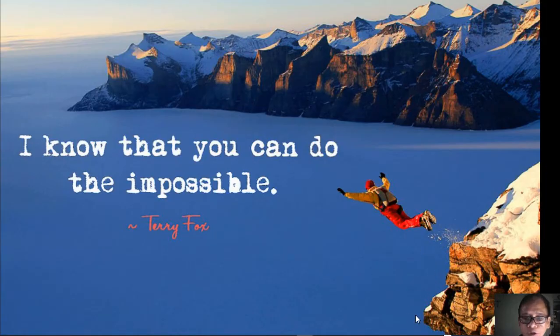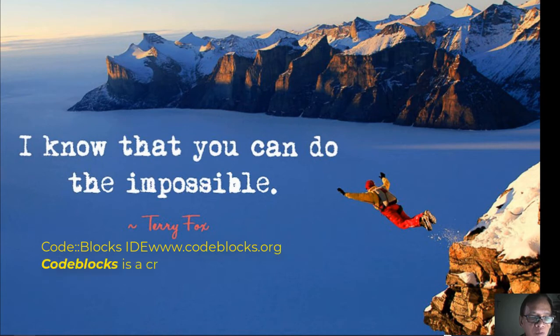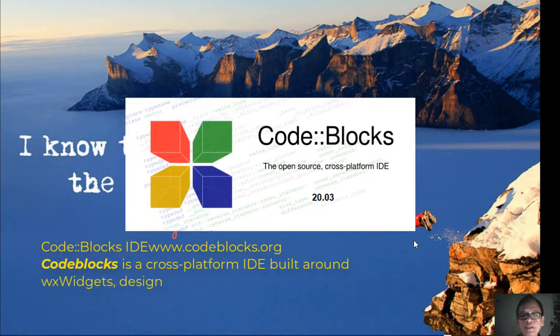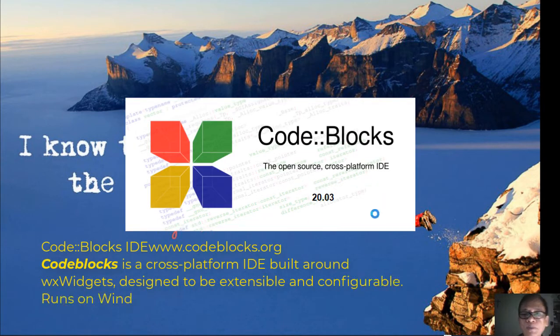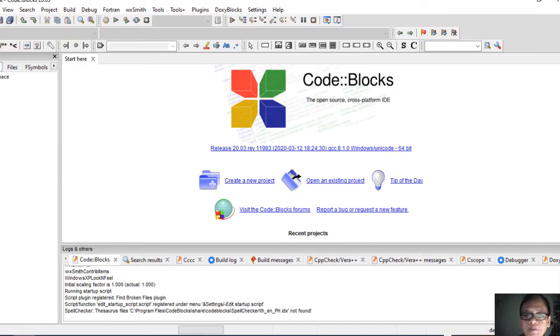Hi, I'm going to show you the code of the secant method calculator, which our Professor Carlos Hortilano IV assigned to us to do. So we have to open Code::Blocks first. This is an open source cross-platform IDE for C++ programs.